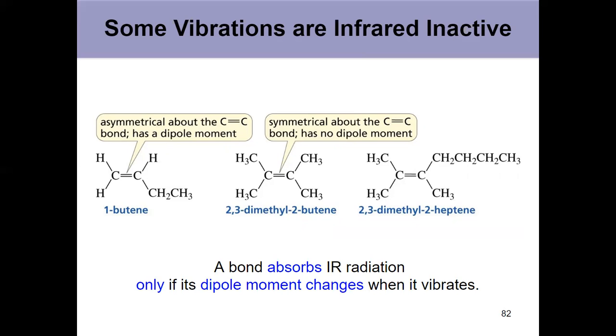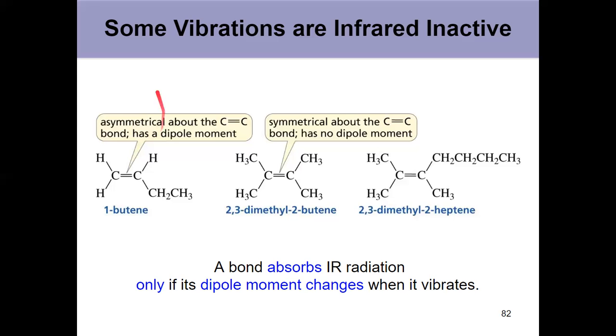Okay, if you go back to when we first introduced IR, that absorption of infrared radiation corresponds to a change in dipole moment. Okay, so if the stretching is not accompanied by a change in the dipole moment, then you don't get an absorption band. That's when we consider something to be infrared inactive.